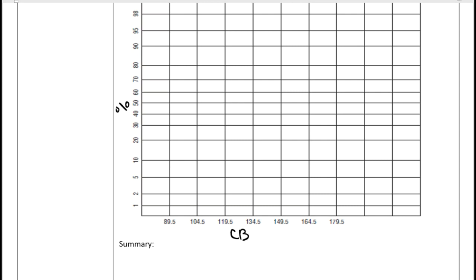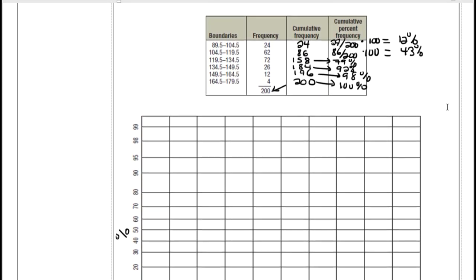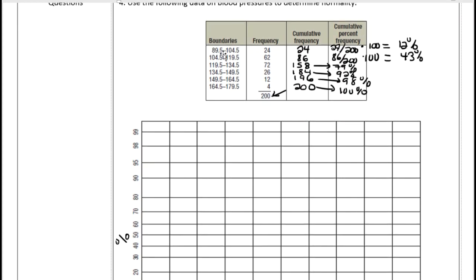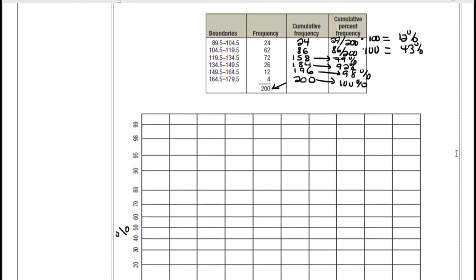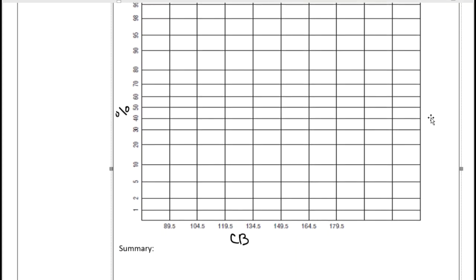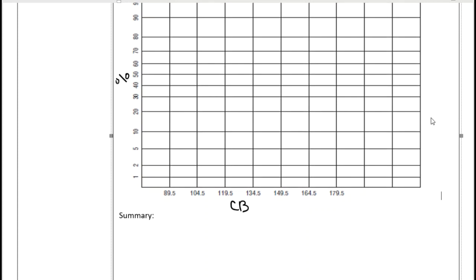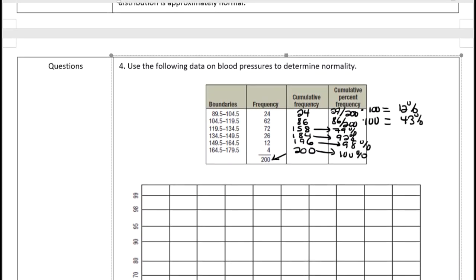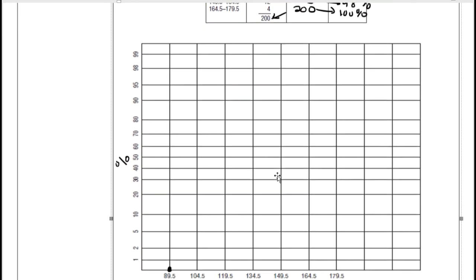We're going to plot each of these points individually, so you always start with 0. For the first number, 89.5, the value is actually 0. Then the 104.5 is the one that has the 12%, because since you have two numbers here, you have to pick which one has the 12%, which is the second number. So it'll be 12% for 104.5.